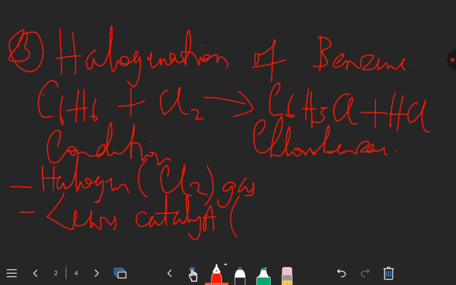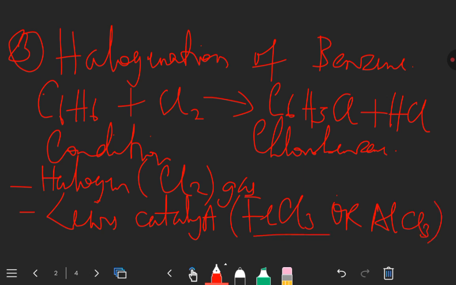So the Lewis catalyst we have, there has to be an ion bonded to a certain halogen, for example iron chloride. Then also we should have aluminium chloride. So we can choose between these two.